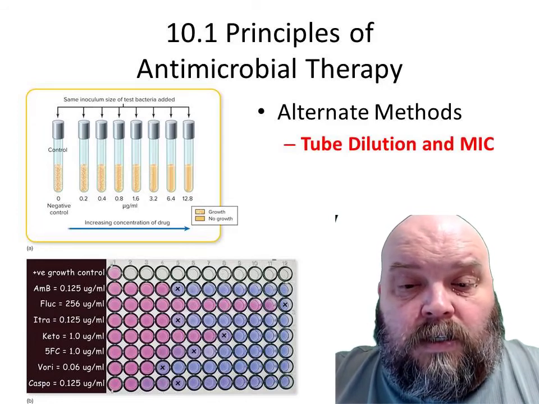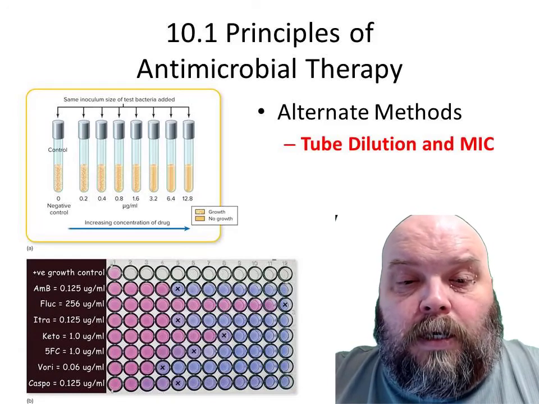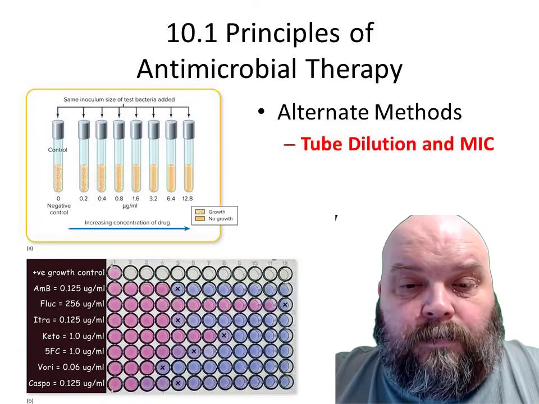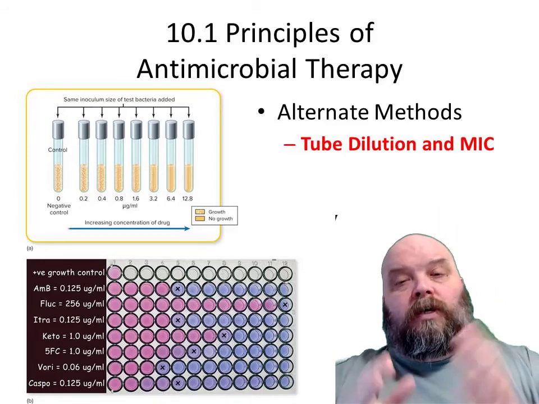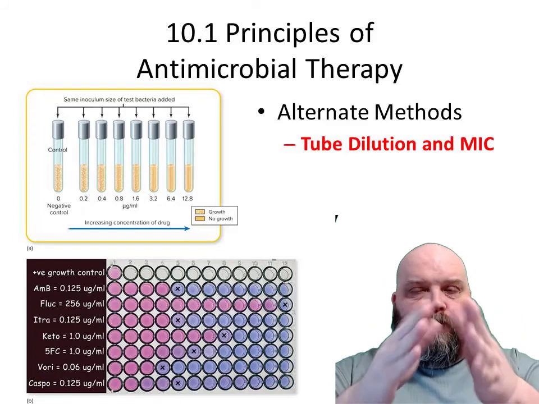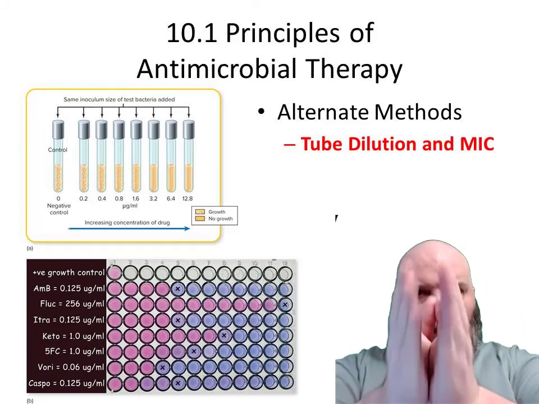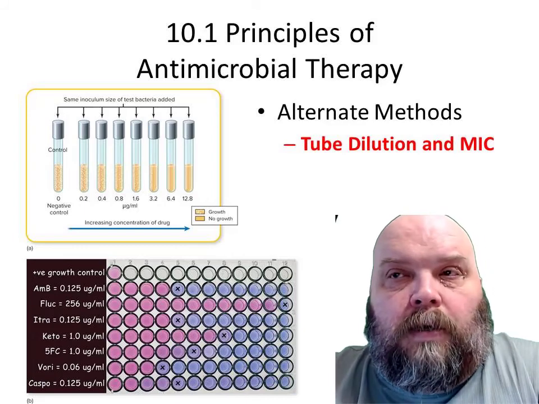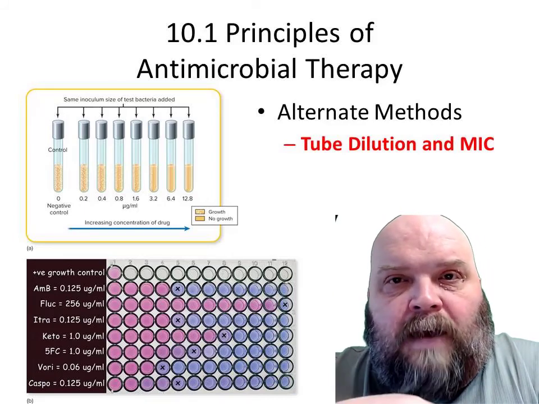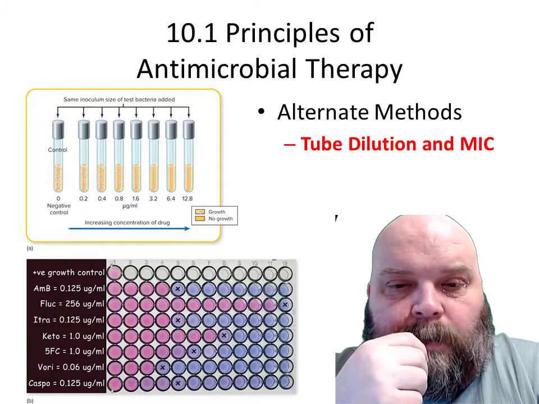So then you can just sit there and see. Where's the growth? How much? Where's it at? You see where it's blue or purple. Between those two wells tells you specifically, this is the concentration that you want to be at. Because before this, it can grow. After this, it can't grow. And that's just how it works.